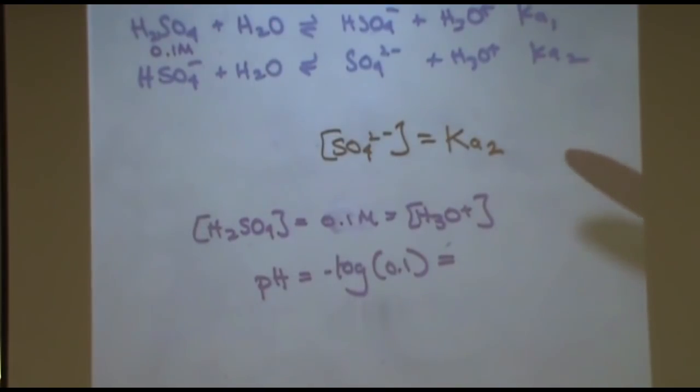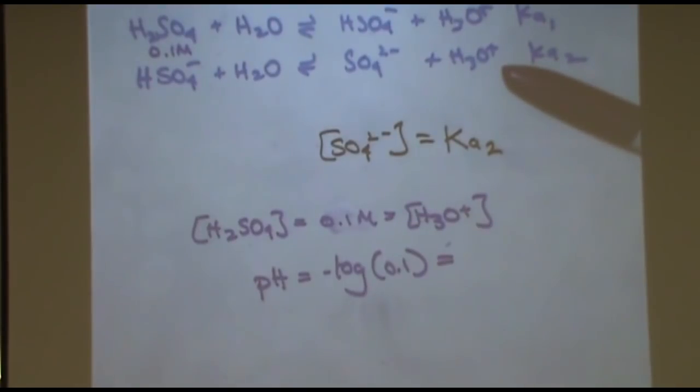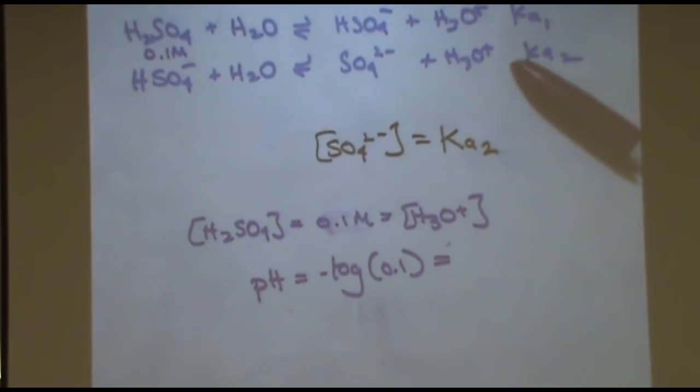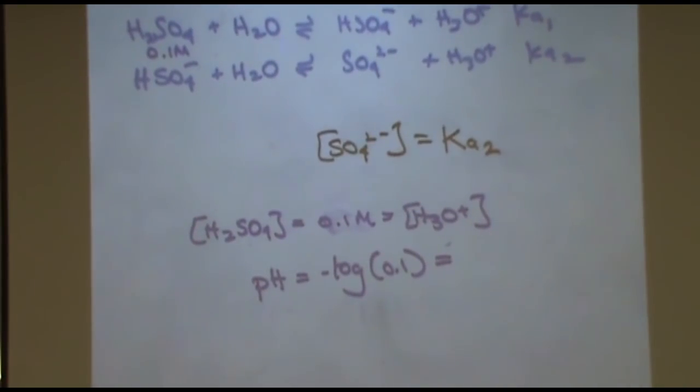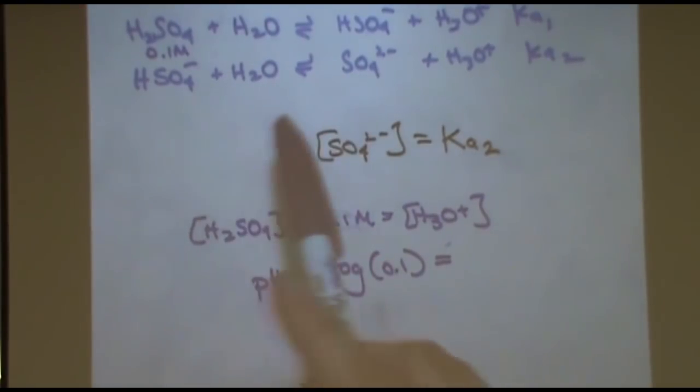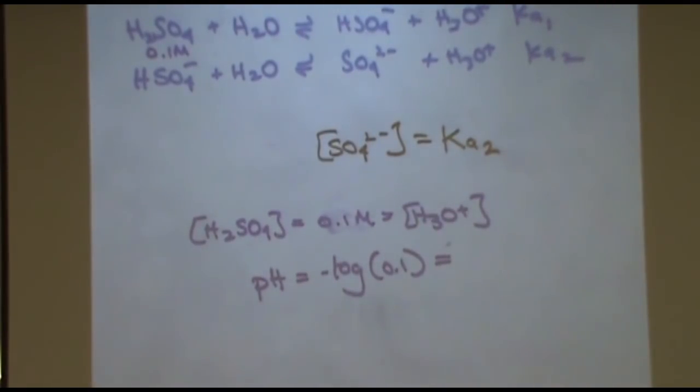All right, anyways, let's do something else. Oh, why does the second reaction not contribute to the H3O plus concentration? It contributes, but it's so little that the H3O plus contributed by the second or future reactions adds nothing to the pH. What if I asked you for the equilibrium concentrations of the rest of the species?